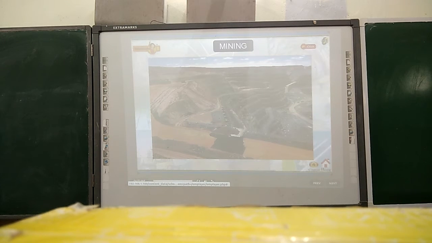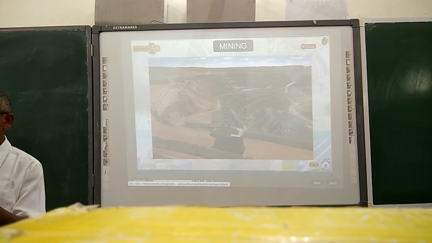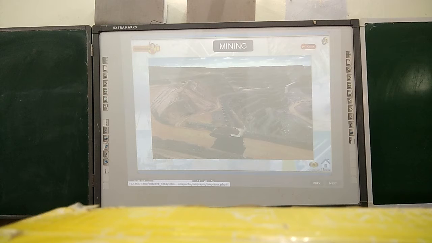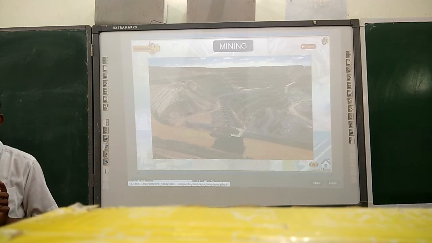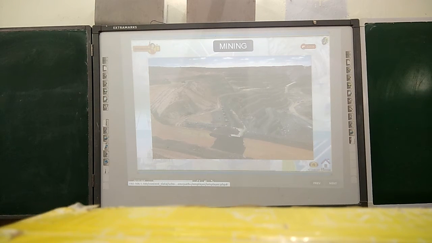M-I-N-I-N-G. What is mining? Mining is a simple word. Mining means extraction of the raw materials, extraction of the minerals from the earth's crust, in large pits and large areas.